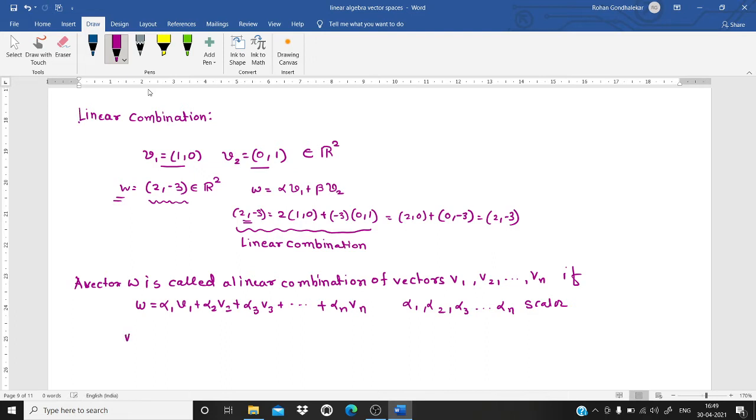Suppose I have the two vectors v1 as (1, 1, 1) and the vector v2 as (1, -1, 0).